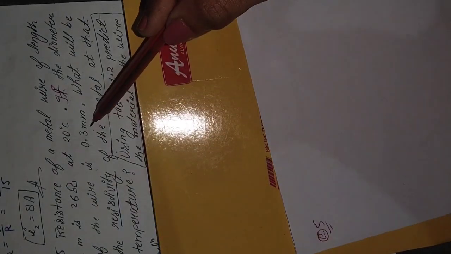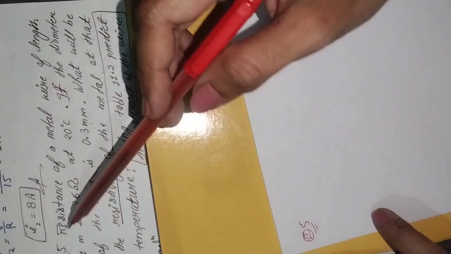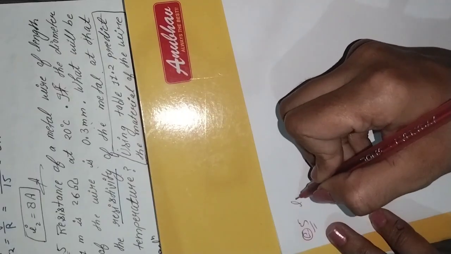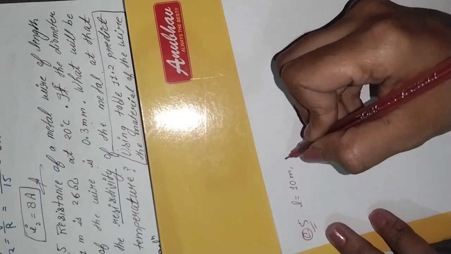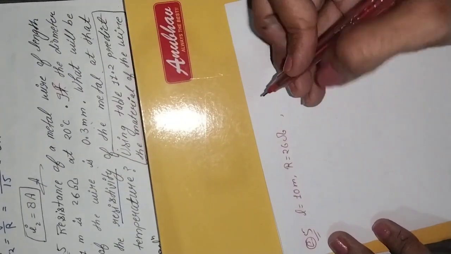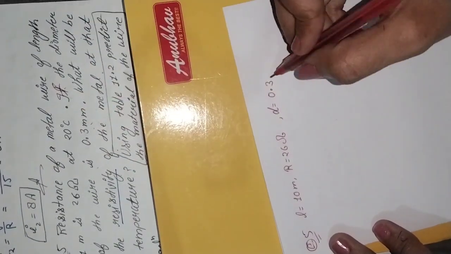Look at this question. Length is given 1 meter, resistance is 26, diameter is 0.3 millimeter.